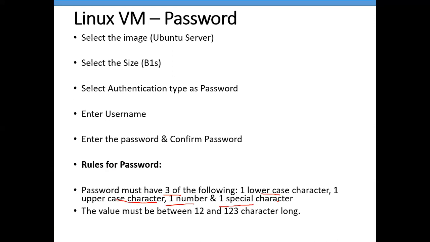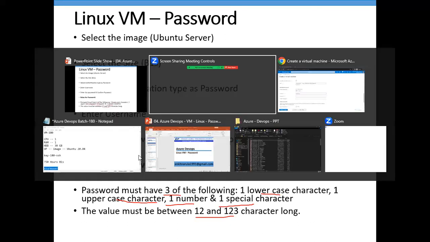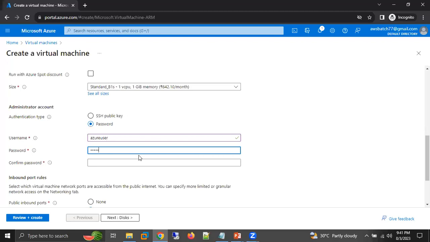So out of these four, at minimum we need to use three to generate the password. And your password must be 12 to 123 characters long. So let me enter the password. I have entered the password and it is as per the rules.